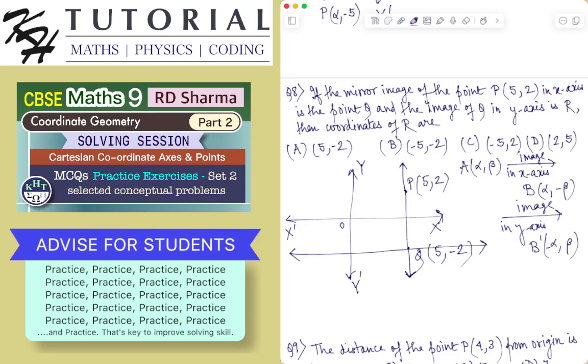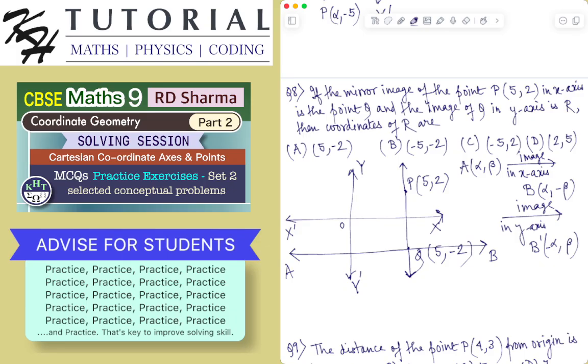And along this line, since the point Q is to the right-hand side of the y-axis, I will take a point to the left-hand side of the y-axis on the same line, at the same distance from the y-axis. The point Q is at a distance of 5 from the y-axis, since its abscissa, or x coordinate, is 5.